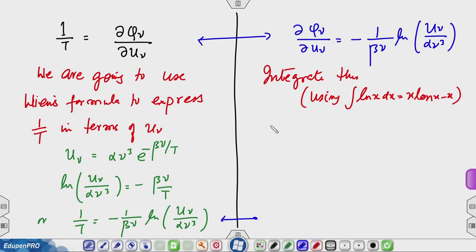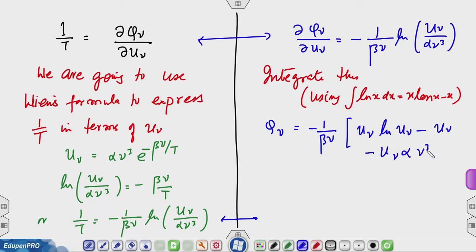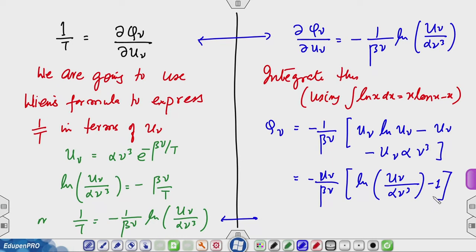Then we get phi nu is equal to minus 1 over beta nu times, inside, u nu log of u nu minus u nu minus u nu log alpha nu cubed. And therefore, this can be written as minus 1 over beta nu, u nu comes out, log of u nu over alpha nu cubed minus 1. That's the spectral density of entropy.